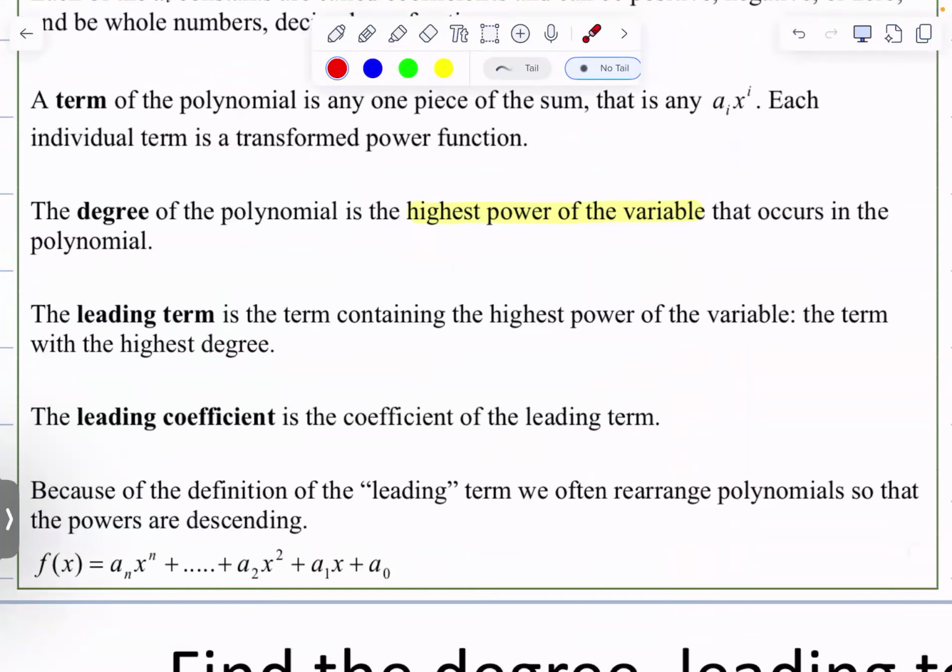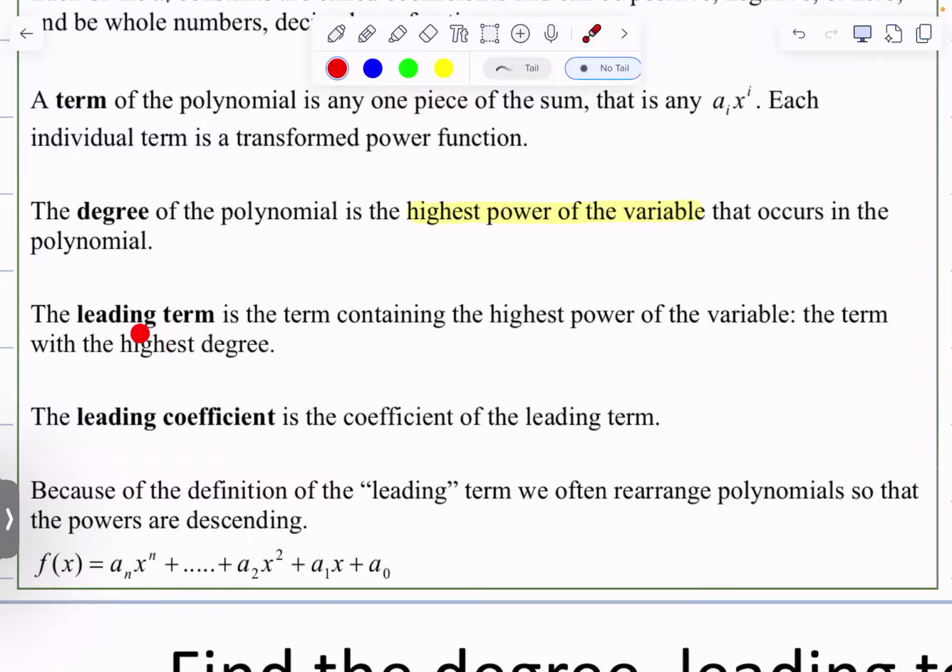We'll need to know the degree because, spoiler alert, the degree of the polynomial determines the end behavior of this thing. That's kind of cool. We'll get there.